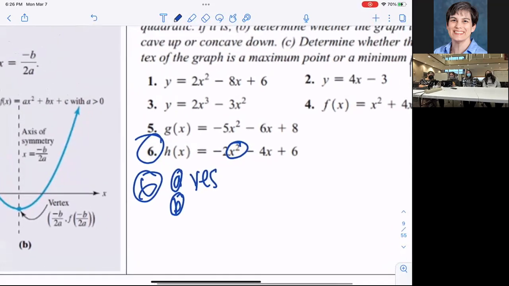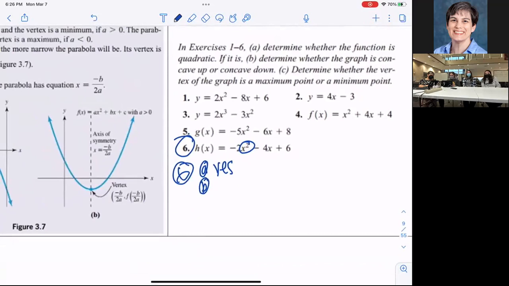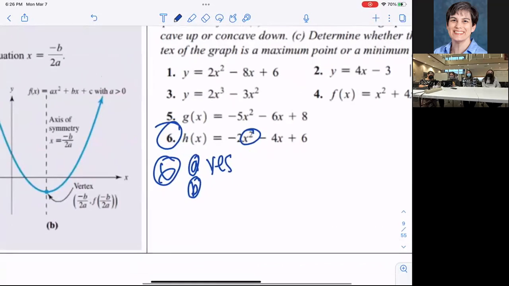B is determine whether the graph is concave up or concave down. So this negative right here tells us that the graph of this function is going to look something like this. Since it's negative, it's going to go downwards on both sides, which is telling us that that is concave down.